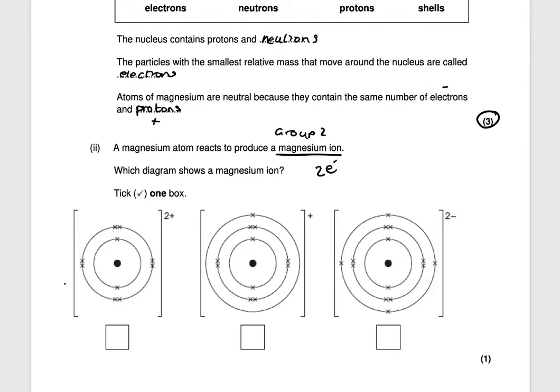Okay, and it's a metal, so it's going to form a positive ion, a 2 positive ion, and it's going to lose those 2 electrons. So which one is that? It's going to form a positive ion, so we can cross the one on the right out, and then it's going to form a 2 positive ion, so we know it's going to be this one over here, and that's going to give you 1 mark.